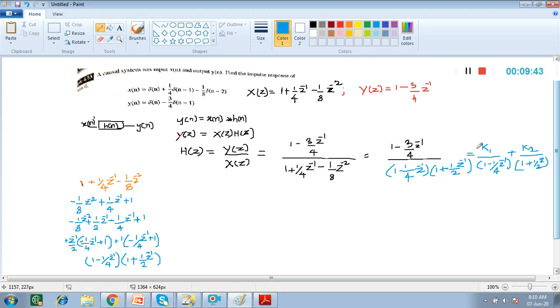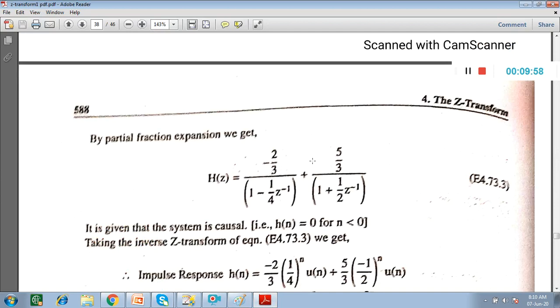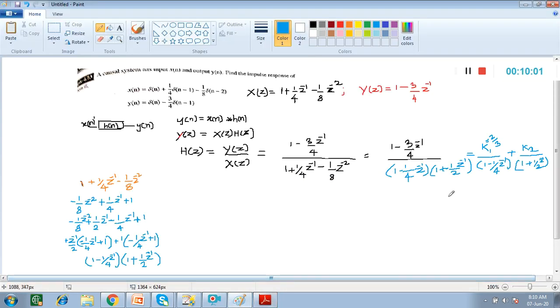When we go for finding these constants, the value of this k1 is minus 2 by 3 and this k2 is 5 divided by 3.